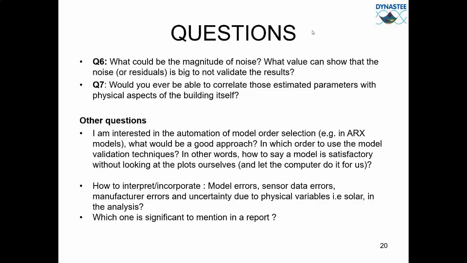Yeah, so the second question under other questions: how to interpret and incorporate model errors, sensor data errors, manufacturer errors, uncertainty on physical values, and so forth. And that is really, I mean, nothing is simple. So that's where we have to make some kind of compromise.